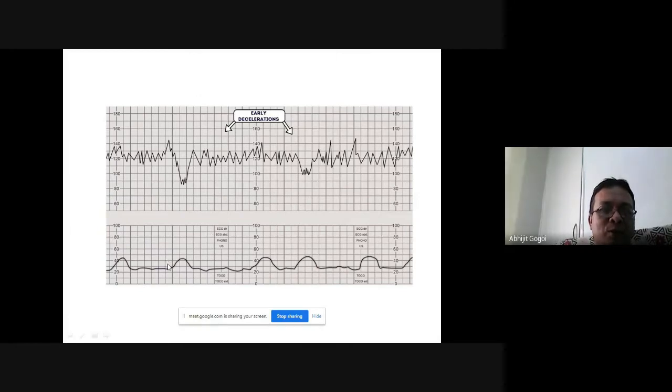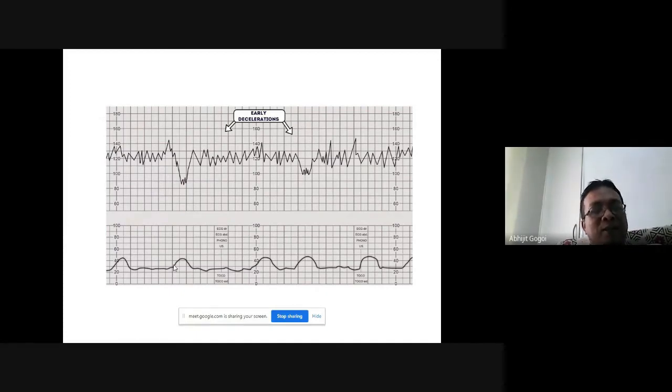Look here, the uterus has contracted and the heart rate has gone down. This is a very commonly asked question and you should know this physiology. Look, it is falling at the moment when the uterus is contracted. When the uterus contracts, the head is inside the pelvis finding its way, and the whole uterine muscle is pressing against the head.